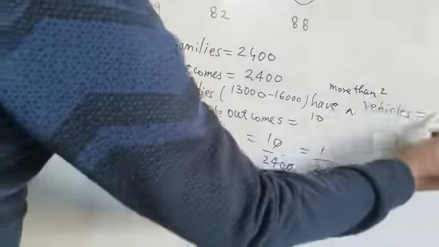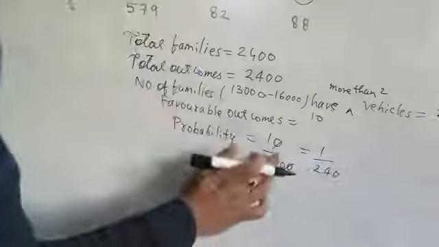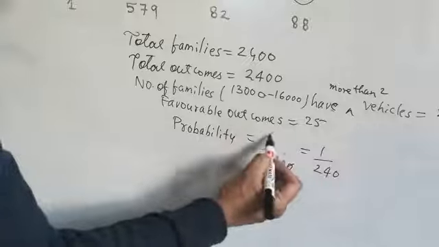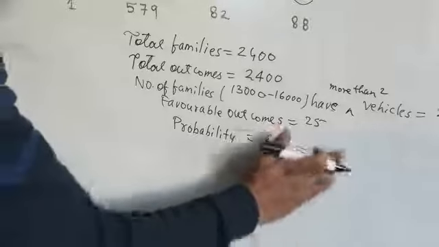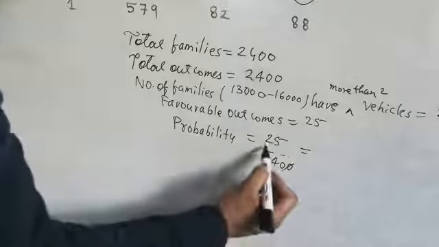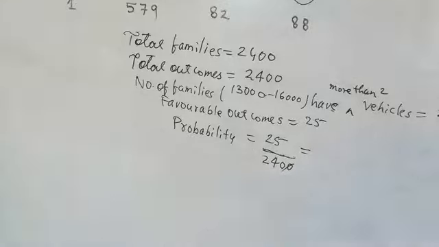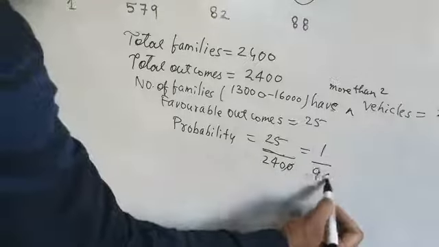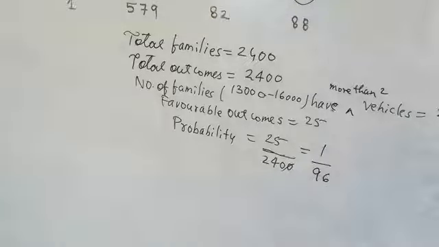Such families are 25, so the favorable outcome will also become 25. Here 25 will cancel with the 2,400. So it will be 1 upon 96 is the answer.